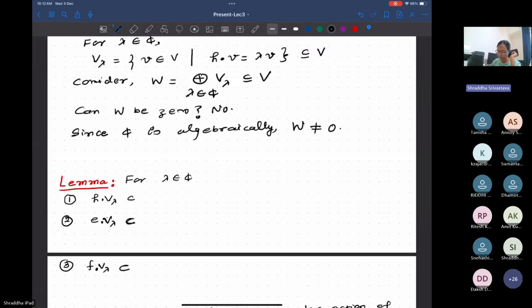I already showed you the answer, but we can say, this one is easy, right? The first one at least. So if you take some vector v in V lambda, what do you know? By definition H dot v is lambda times v, right? So we want to understand where H takes v, right?